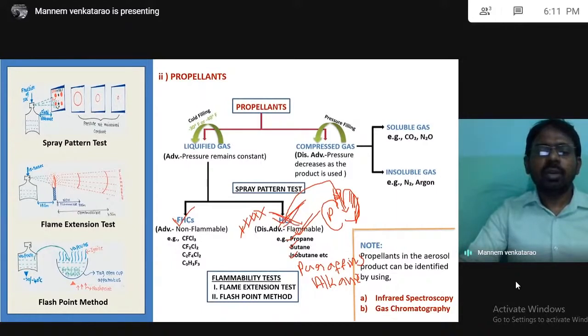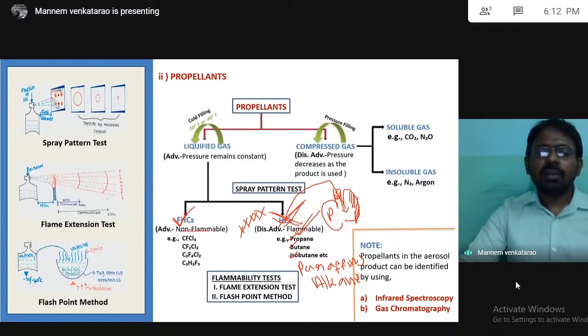Next, fluorinated hydrocarbons. When some hydrogens are replaced with fluorine atoms, we get the fluorinated hydrocarbon. Friends, remember, fluorinated hydrocarbons are not directly prepared. First you prepare the hydrocarbon, and next in these hydrocarbons a few hydrogens are replaced with fluorine, and only then do we get fluorinated hydrocarbons. Upon joining the fluorine, what is the advantage?